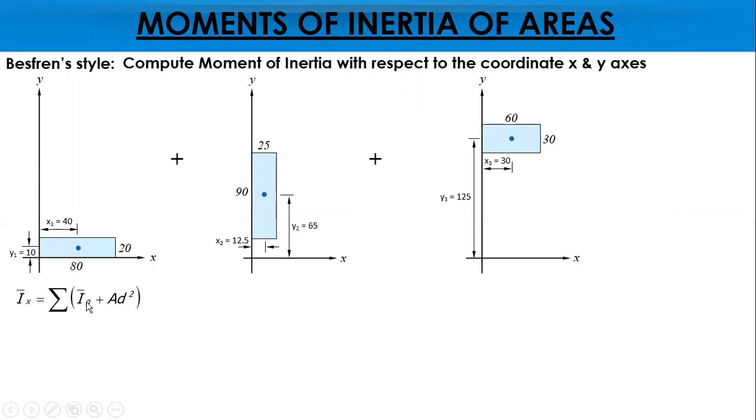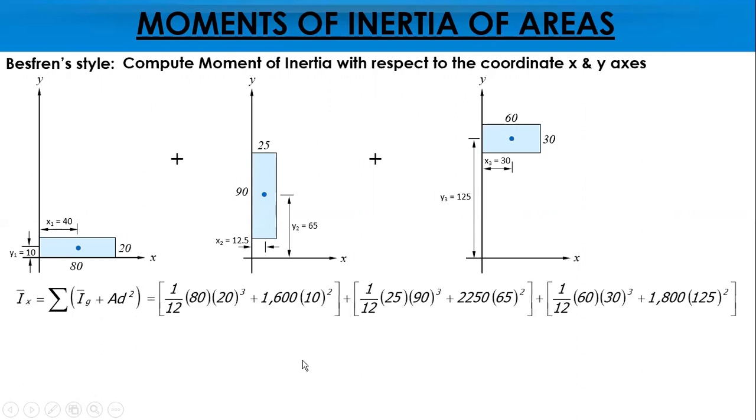For the individual elements, for the x-axis. Element 1: 1 over 12 b h cubed, area 16, and the distance from the centroidal axis of element 1 to the x-axis is 10.